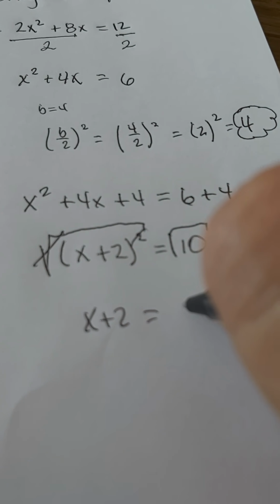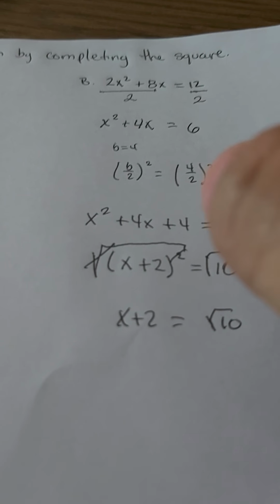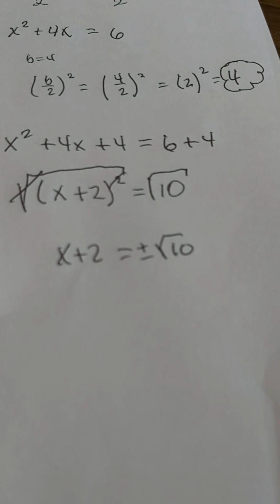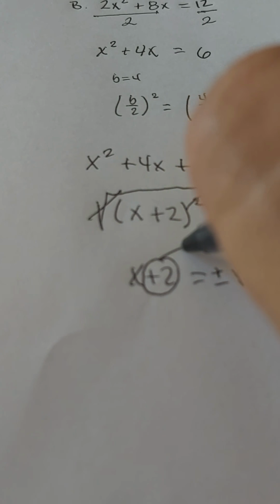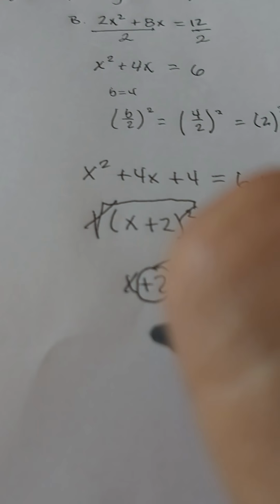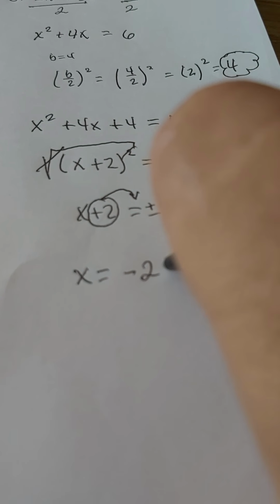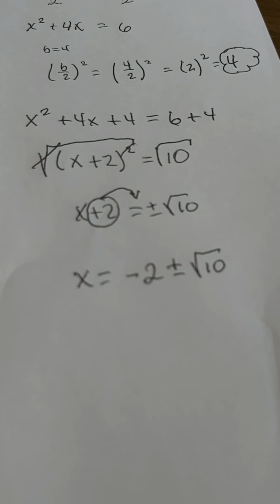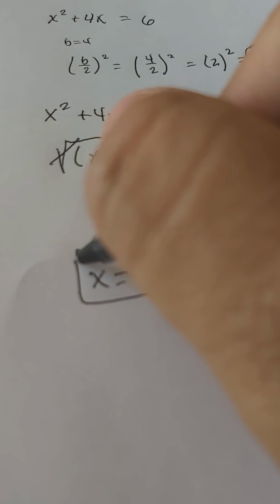X plus 2 equals positive negative square root of 10. Now 10 is not a perfect square, so we're going to leave it like that. We pass 2 to the other side, and we get that x equals negative 2 plus minus square root of 10. So these will be the exact solutions for our quadratic equation.